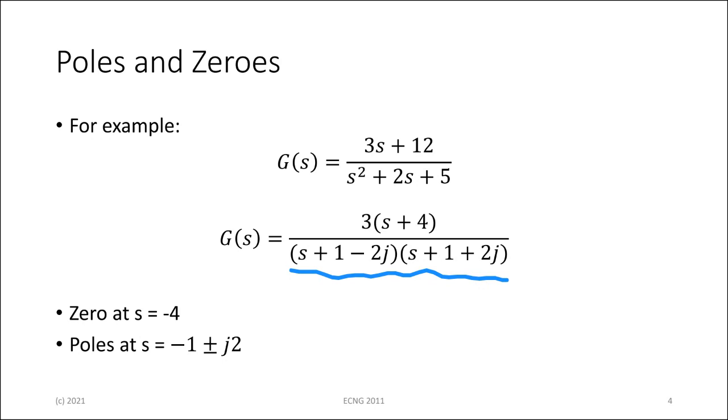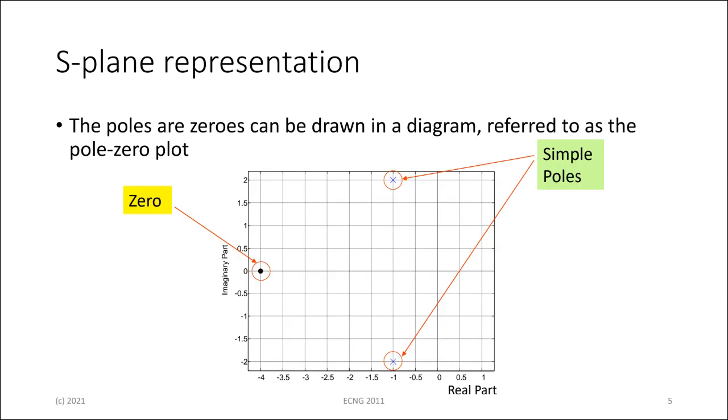You can plot the poles and the zeros into something called the S-plane, right? S because we are dealing with the Laplace transform, and the plane plots the real part and the imaginary part of each pole or zero, each solution to the transfer function.